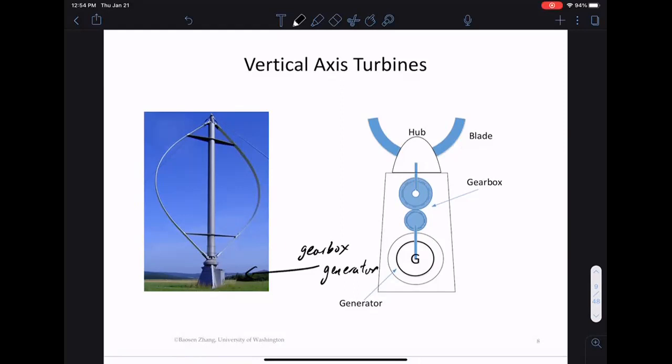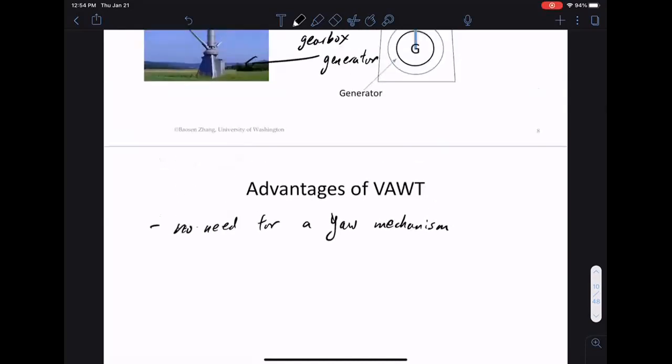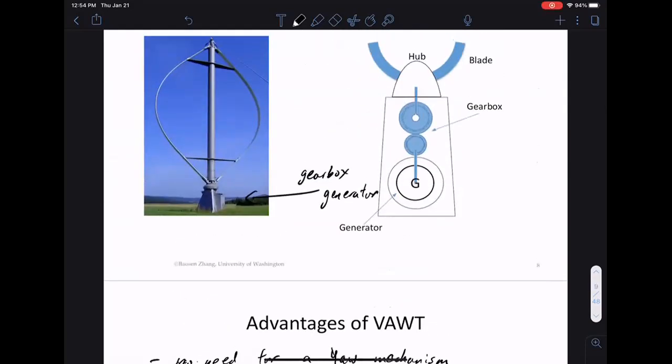The advantage of this vertical axis design is that there is no need for a yaw mechanism, which is basically something that turns the blade. It doesn't matter which direction the wind blows from, so you don't need to turn it towards the wind.